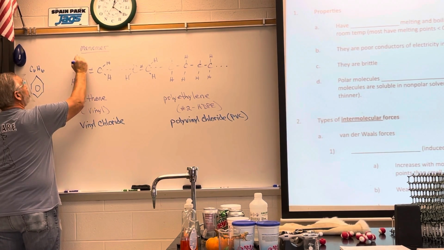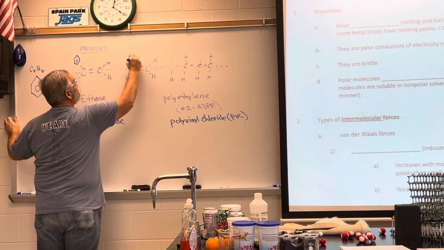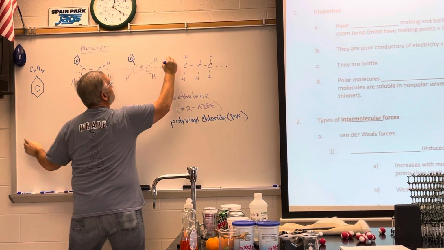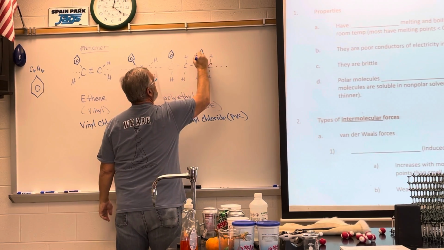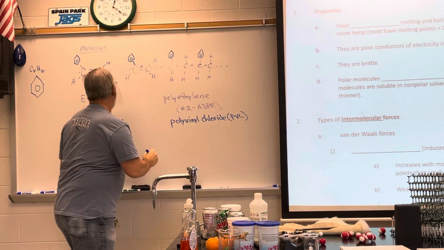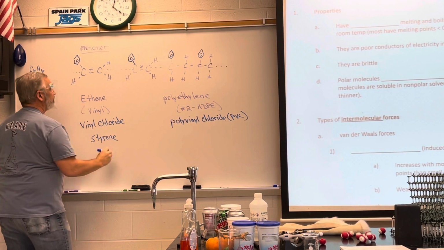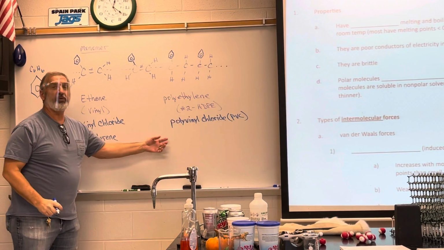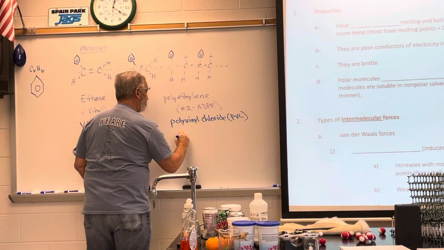So if I replace the chlorines with the benzene ring, every other one, now I have styrene. So what do you think the whole thing, the polymer, is going to be called? Polystyrene.